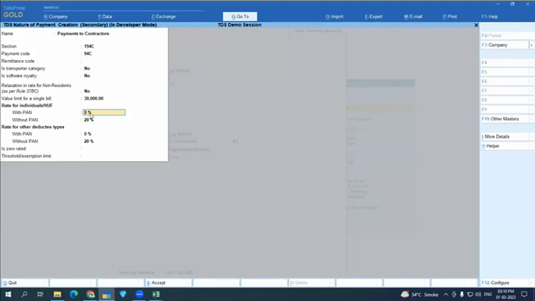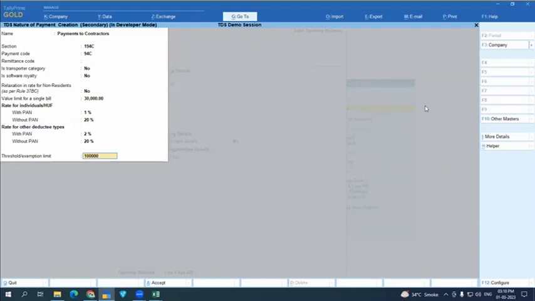So TDS rates with PAN, without PAN. For whom? Individual or HUF, and the next category is for others. For an individual it is 1%, and if PAN is not available, it will be 20%. For non-individuals, it is 2%. PAN not available is 20%. And the threshold limit is 1 lakh rupees for the whole year. That is called the threshold limit, exemption limit.